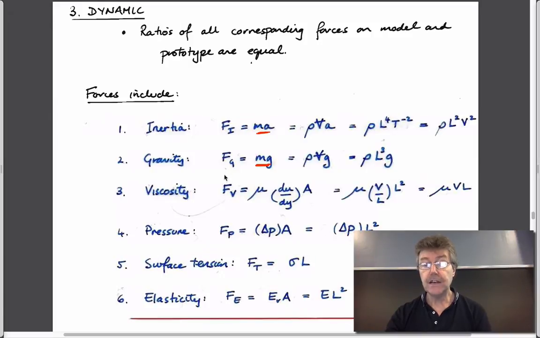We could write Newton's law of viscosity, which we know is the shear stress equal to the viscosity times a change in velocity with location, and we could multiply that by an area on each side to get a shear force, just like this. We can get a pressure force by taking a pressure and multiplying by an area. We can get a surface tension force, which is newtons per meter, multiplied by a characteristic length to get a force.